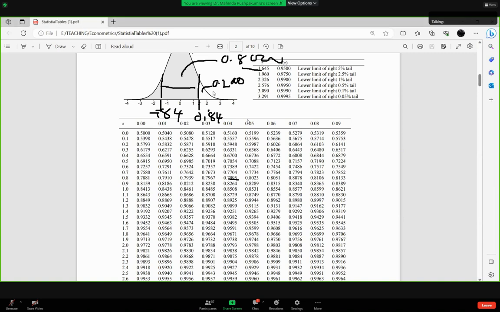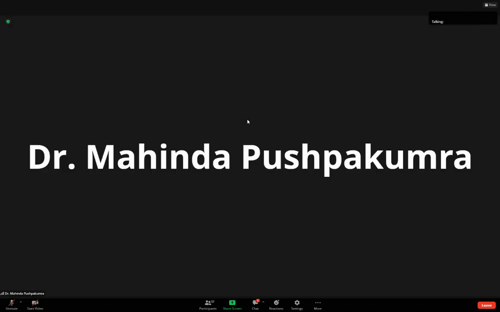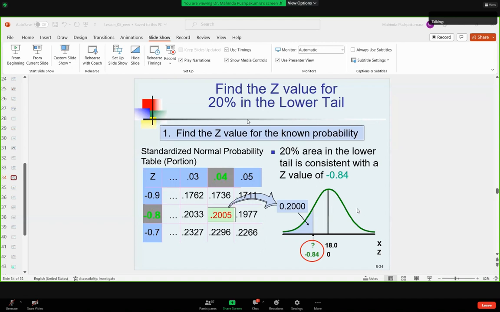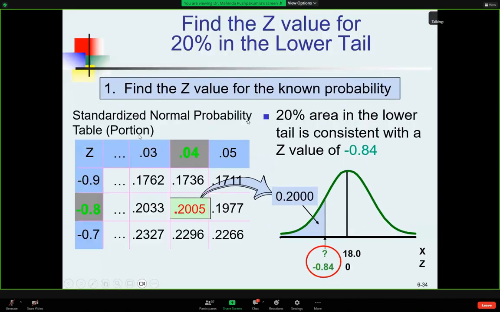Okay. Then we will move again to our PowerPoint presentation. Then they have used a different table. Some tables give minus values also. If the minus value is given, then you can get the direct answer.